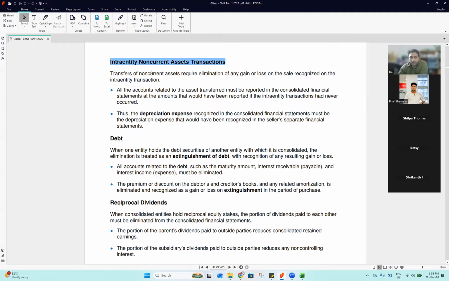Now, transfer of non-current assets requires elimination of any gain or loss on the sale recognized on the intra-entity transaction. All the accounts relating to the assets transferred must be reported in the consolidated financial statements at the amount that would have been reported if the intra-entity transaction had never occurred. Thus the depreciation expense recognized in the consolidated statements must be the depreciation expense that would have been recognized in the seller's separate financial statements. Understood? Why do we do this?